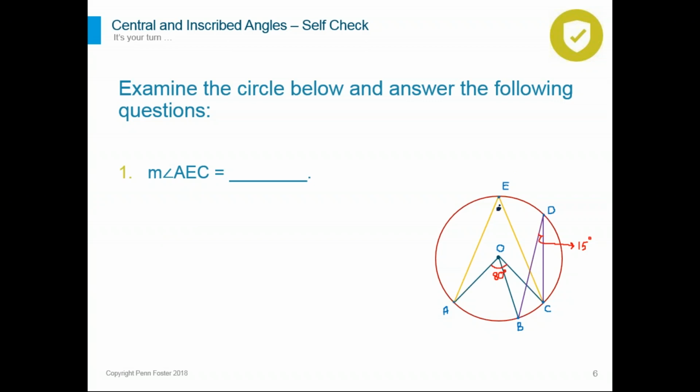What is the measure of this angle if we know that the central angle AOC measures 80 degrees, also given an inscribed angle BDC of 15 degrees? What do you think? When I change my screen, we'll give you options, but you can use simple calculations to find the answer, the measure of AEC.